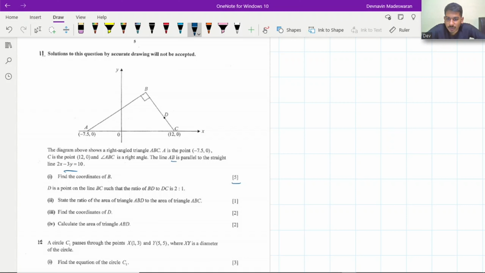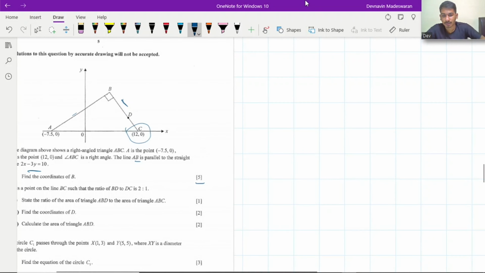If we can get two equations, we can find it. Oh, we know this gradient. We know this equation because we know this gradient. And since this is 90 degrees, we know this gradient. And since we know that gradient, we can form an equation using this point. And then we can get two equations and then we can solve for it.